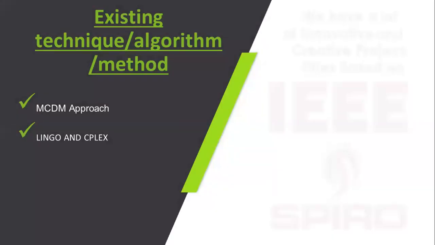In existing techniques, the algorithm methods used are the MCDM approach, Lingo, and Simplex. The MCDM approach is not effective and is also complex, so we go to a new approach in a simpler way. Lingo and Simplex are optimal systems, but they also do not handle it properly.